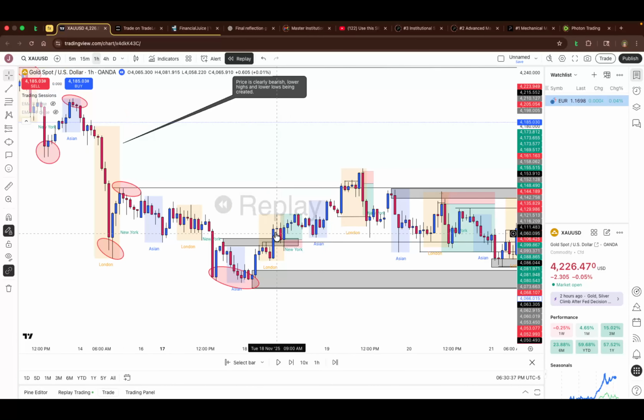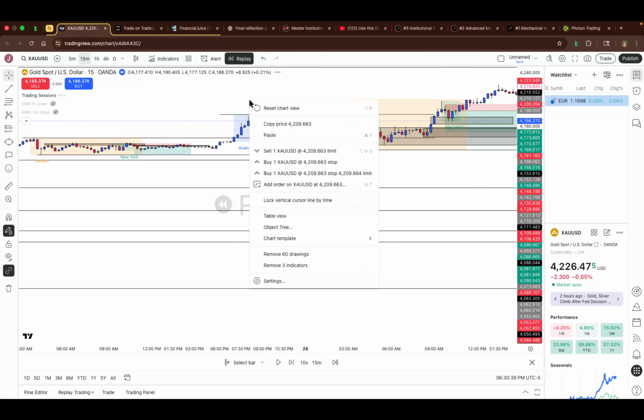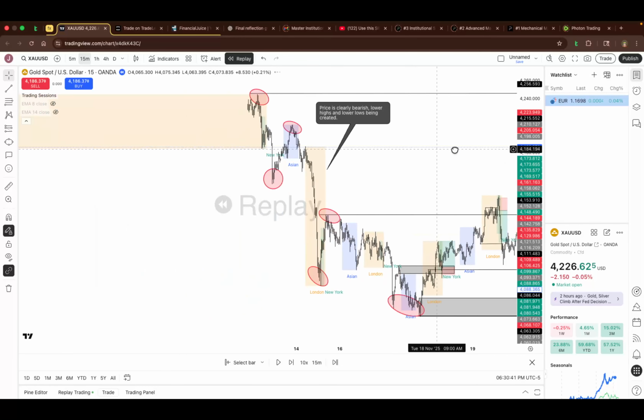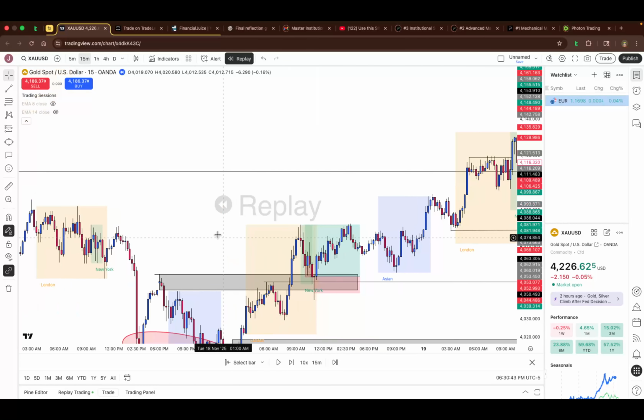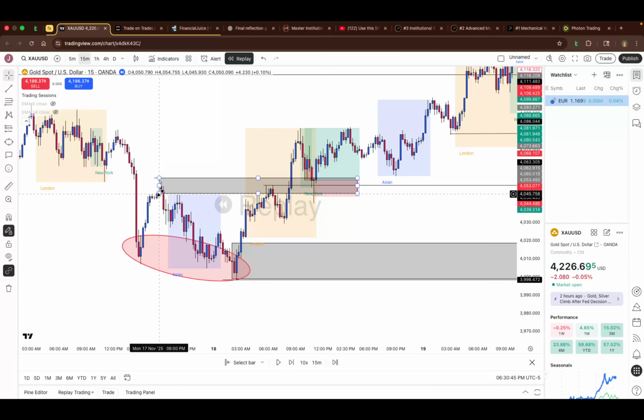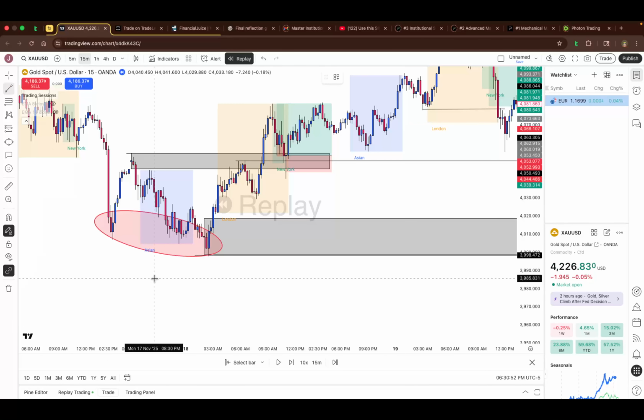So I started here. We see Asian session. So now we scale down, get deeper into the markets. We see price rally down, sweep this low, right? Take this low out. So now we see a break of structure here.